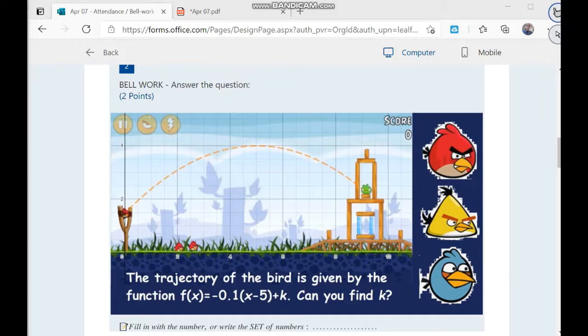If the parabola is a regular U, then it's the minimum. If the parabola is an upside-down U, like that one, it's going to be the maximum. So the vertex is the highest point, and it's going to be somewhere right here. This is the vertex, okay?